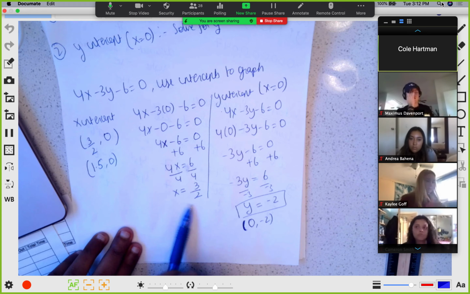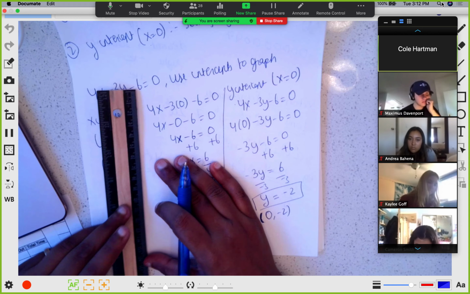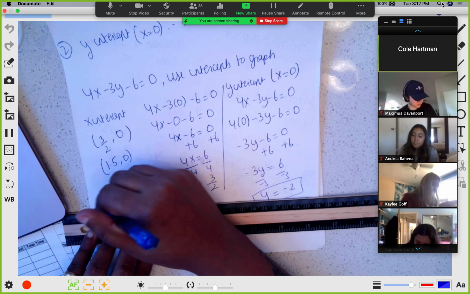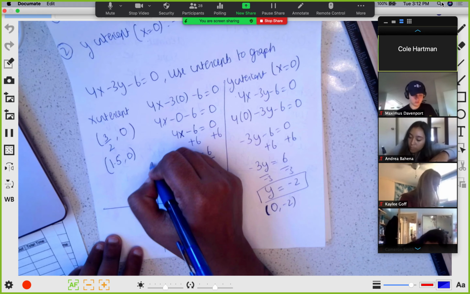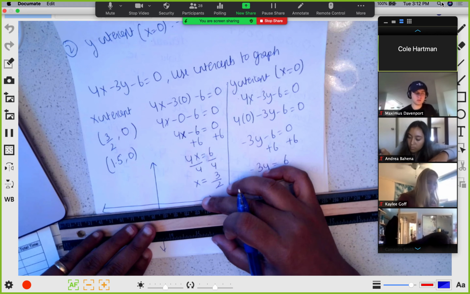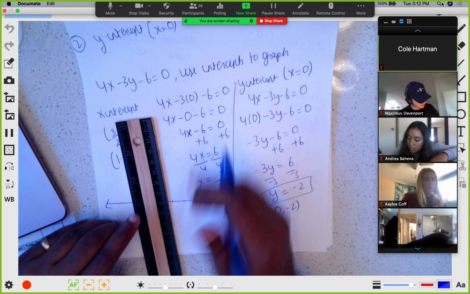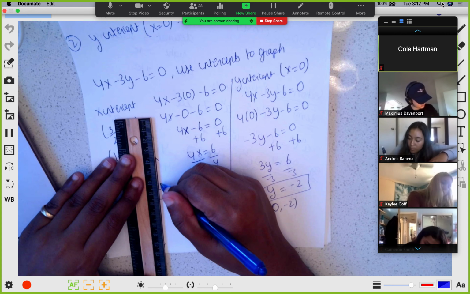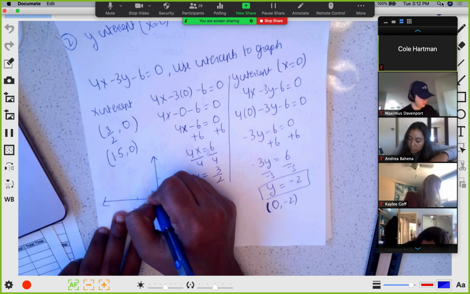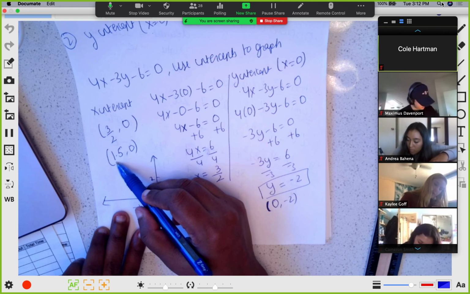Okay. Now you have these 2 points. Plot them. So basically this is 1, 2, negative 1, negative 2. 1.5 will be between 1 and 2, so it's here.